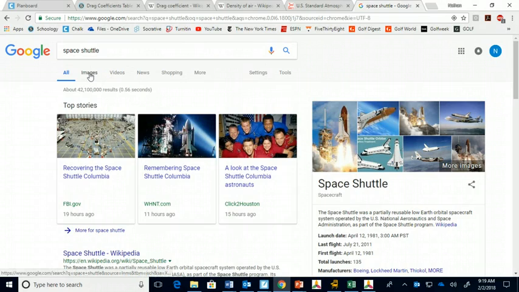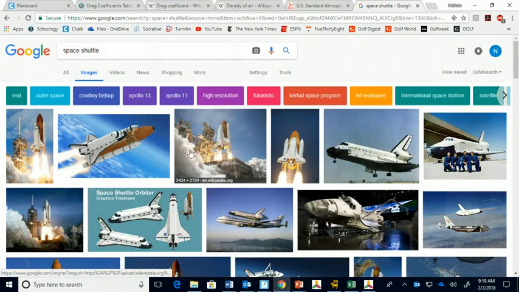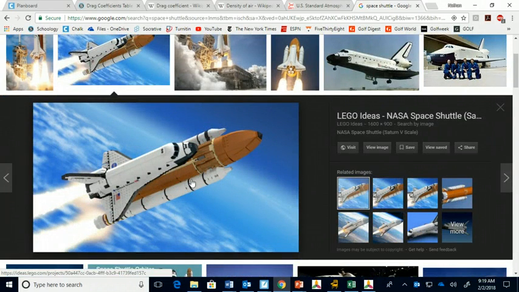So here is what it looks like. When it launched, these guys were what provided the main force. These were the booster rockets. They provided most of the force for launch. This big orange thing, you know what that was? It's just fuel, liquid oxygen and liquid hydrogen that they put together to literally blast it out the back end.